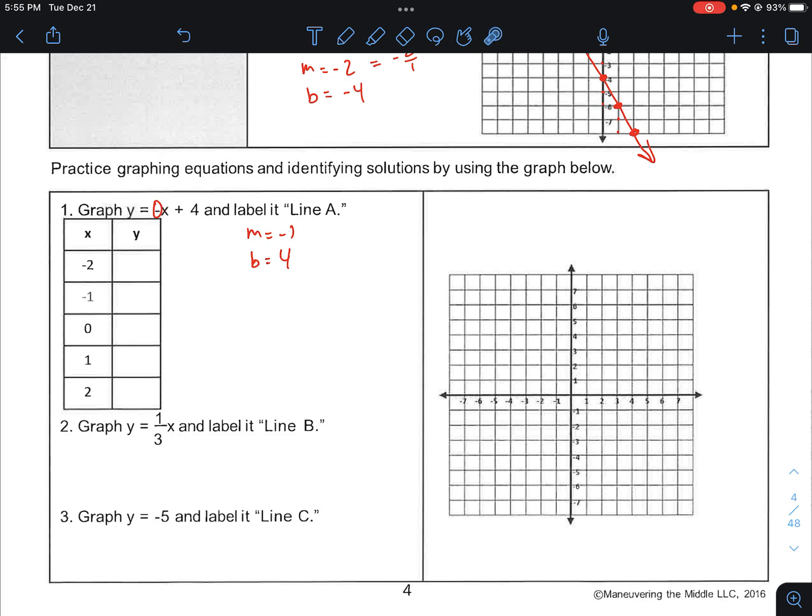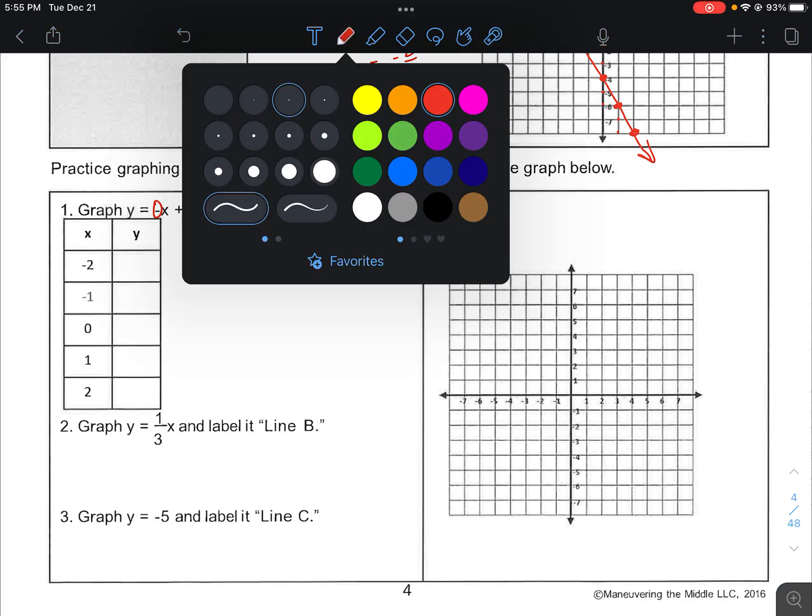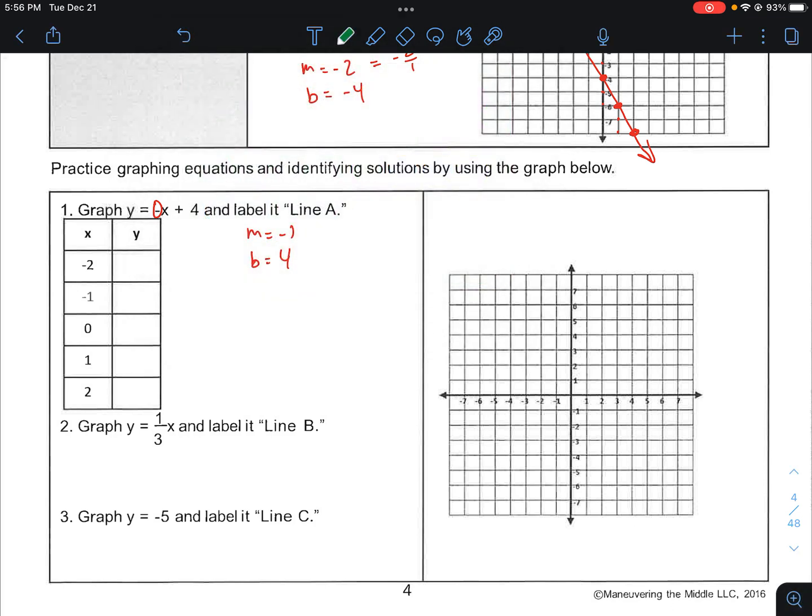So, for example, if I couldn't figure out the y-intercept and the slope, I could just use a different color. Let's use dark green. I could say, when x equals negative 2, what does y equal? Well, negative of negative 2 is positive 2, plus 4, so that's 2 plus 4, which is 6.